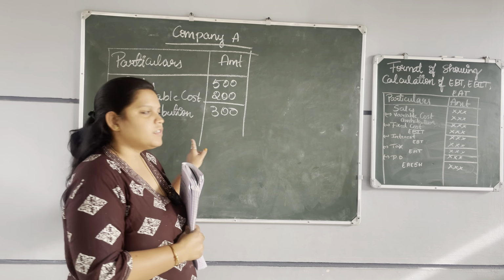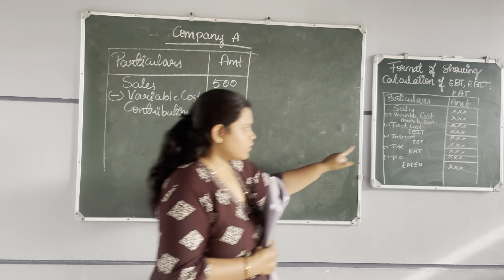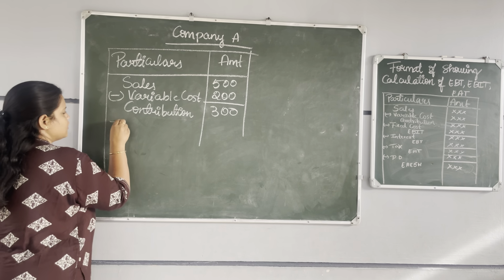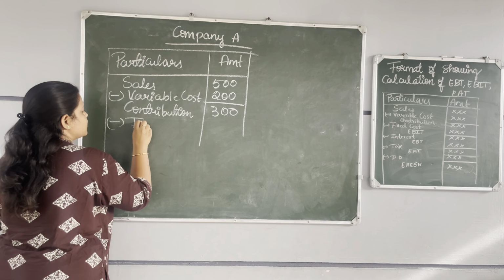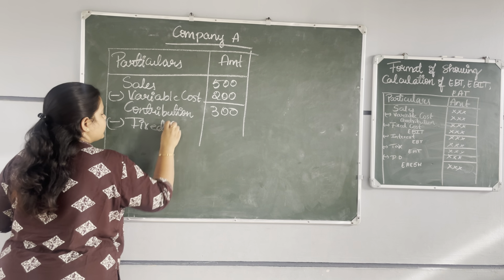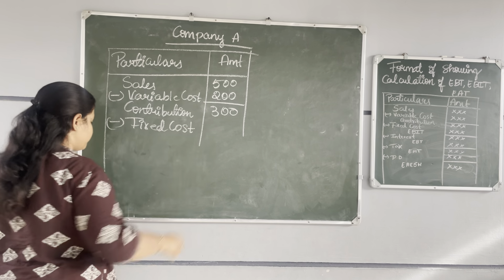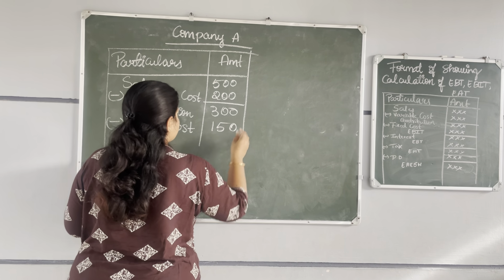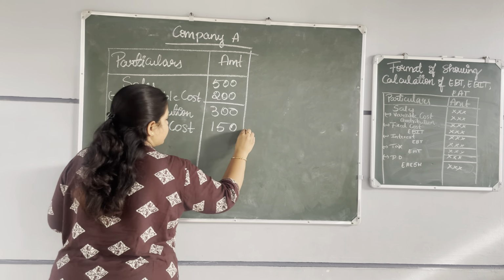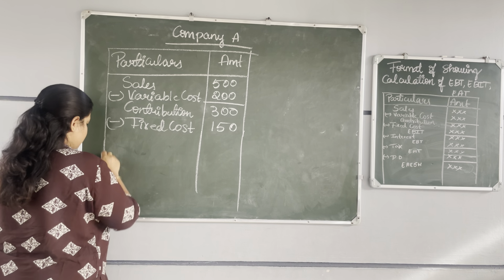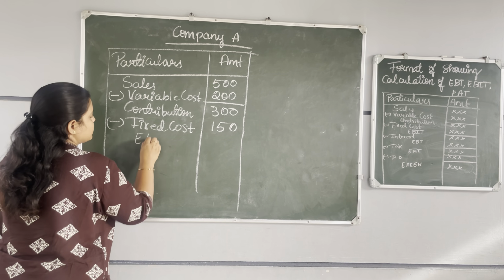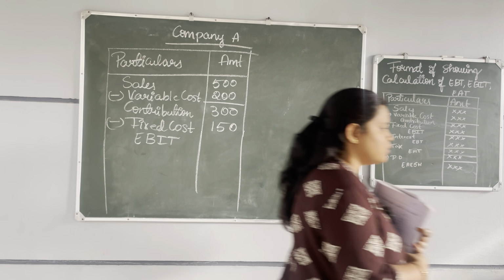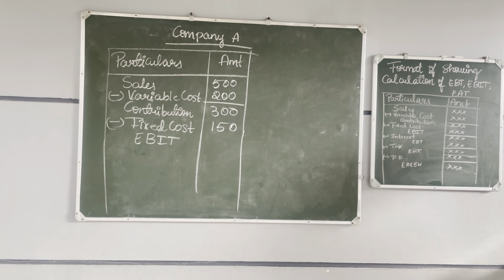From contribution we have to deduct fixed cost. Fixed cost is 150. After deducting fixed cost we will get the EBIT amount here.